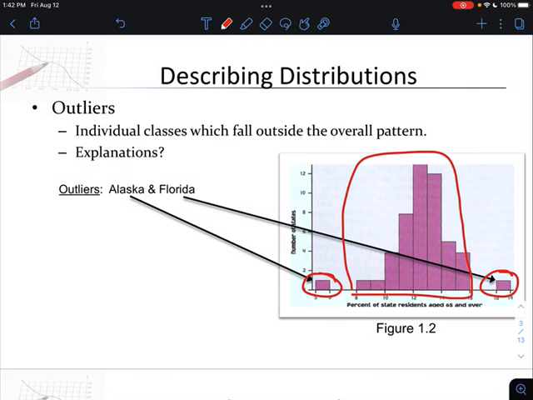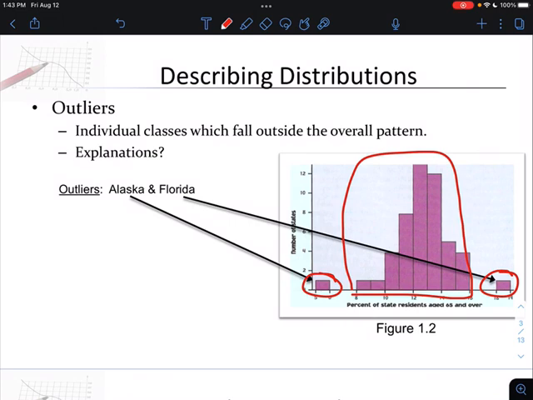And so if we're looking at this, this would lead us to believe that 5 to 6%, 18 to 19%, those two states would be possible outliers. And I say possible because we're going to have a definitive way of determining outliers in one of our future discussions. But they don't fit the regular pattern.